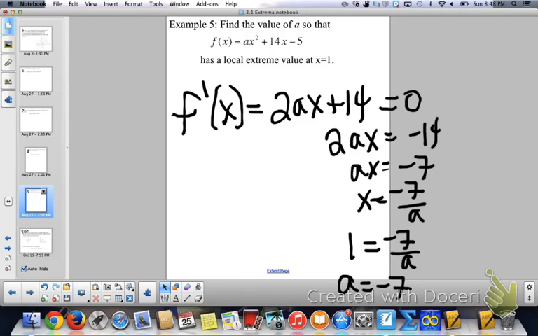When a equals negative 7, that function would have a critical value at x equals 1, which means there's a local extreme value, either a max or a min, and you don't know that unless you plug in other values to find it. All right, so that's it for your examples.